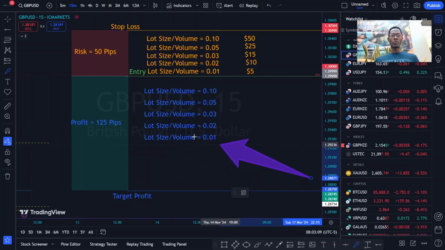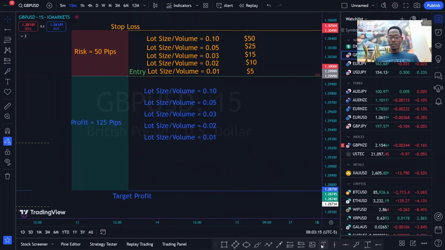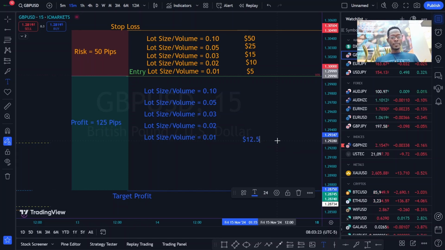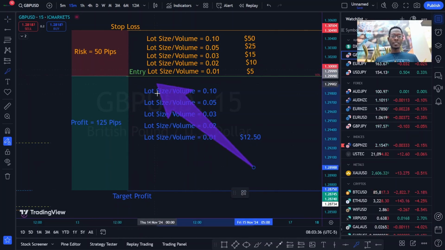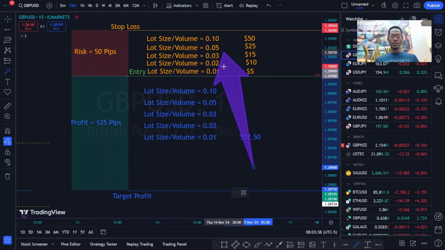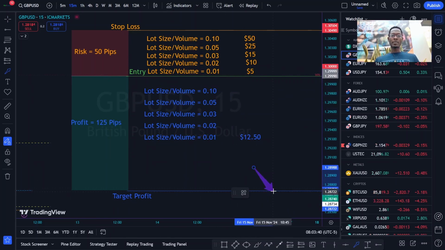For a lot size of 0.01, which is of course a micro lot, you are going to be gaining $12.50. This is your profit target for a micro lot at 0.01. Of course, investments will fluctuate, but provided that it hits your profit target, you will gain $12.50.